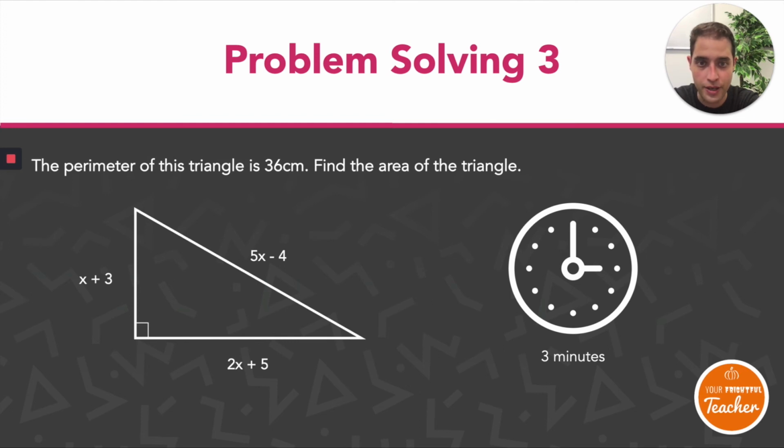Oh no, we're finding out the area of a triangle. I don't want to give away the formula here, but you could work out the value of x and then use that. We'll figure it out together. Just under 2 minutes now.